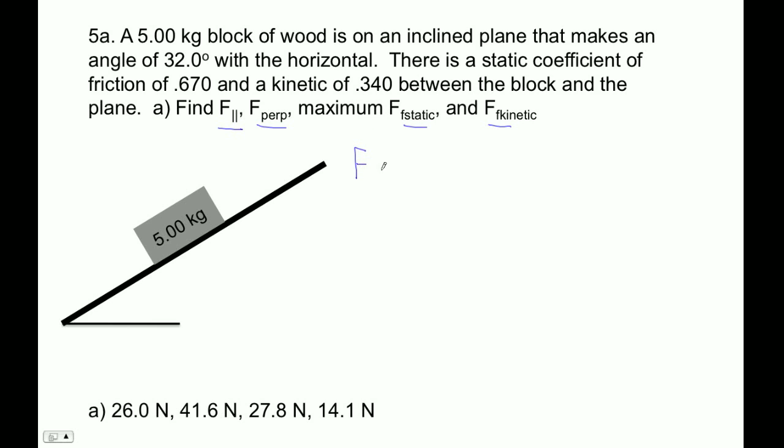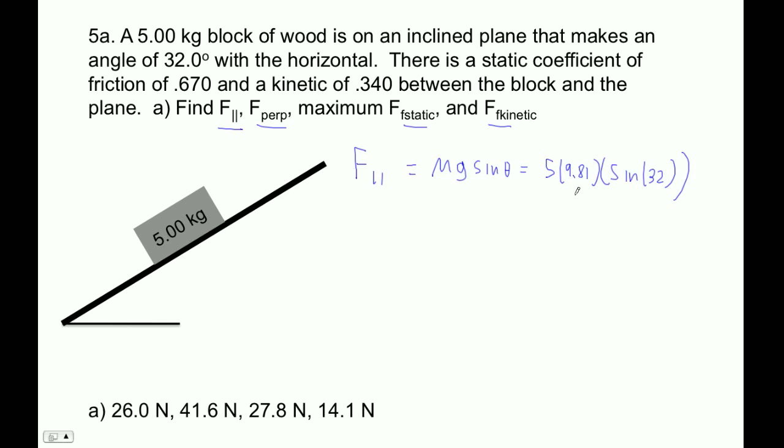So the parallel force is just mg sine theta. That is 5 times 9.81 times sine of 32. I'm going to store that in A just for fun.